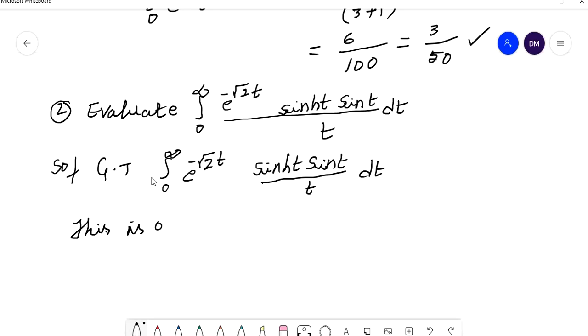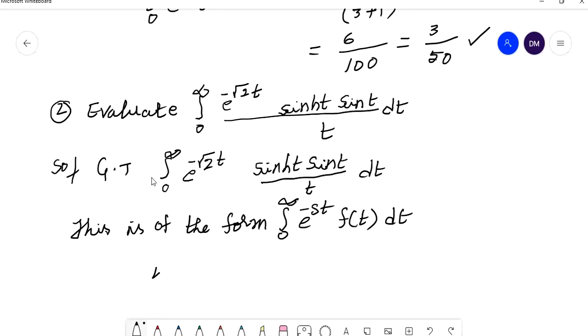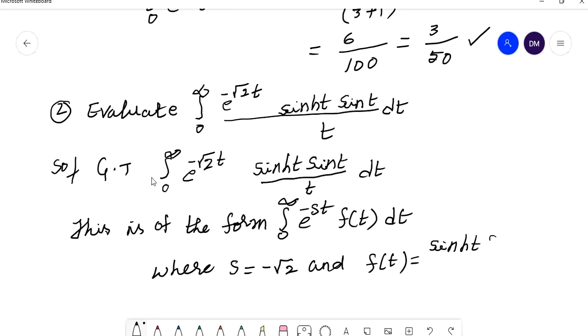This is of the form integral from 0 to infinity of e^(-st) f(t) dt, where s is equal to √2, and f(t) is equal to sinh t into sin t by t.